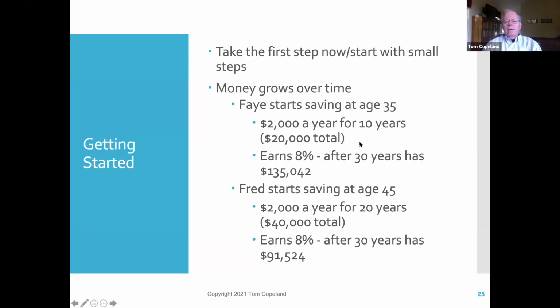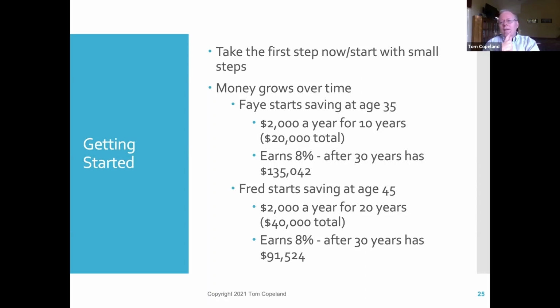Her twin brother waits 10 years before he starts saving at age 45. He saves $2,000 a year for 20 years, and he's saved $40,000. His money also earns 8%. After 30 years, Faye has $135,000. He only has $91,000.